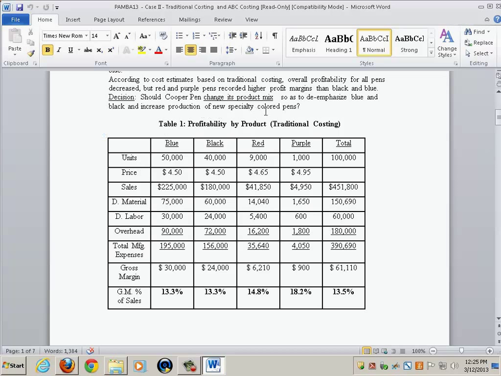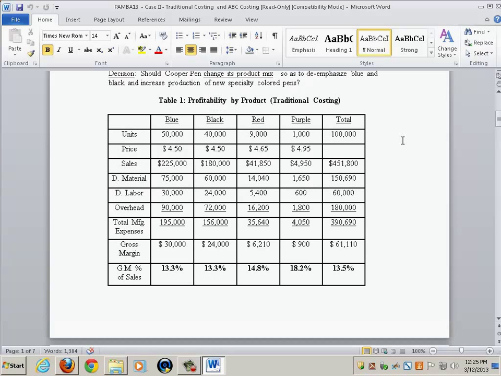The traditional bread and butter pens, which are blue and black, and they just started introducing 2 new colors, which are red and purple. You can see by the quantities that the bulk of their production, 50,000, 40,000, is blue and black, and then they started producing red and purple.